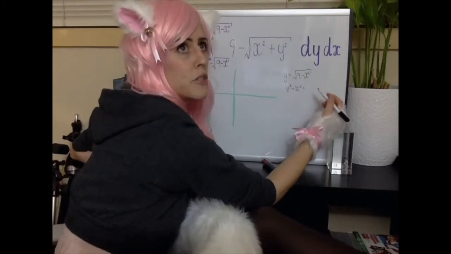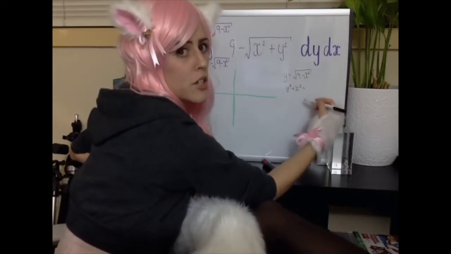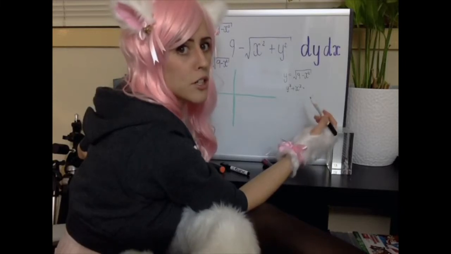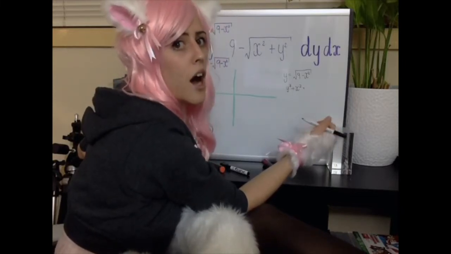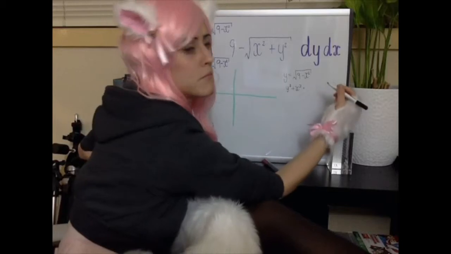And to fit it into the equation of a circle, we know if 9 is equal to r squared, then r is equal to 3.